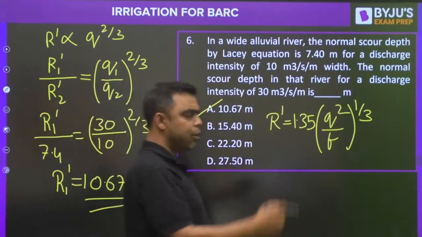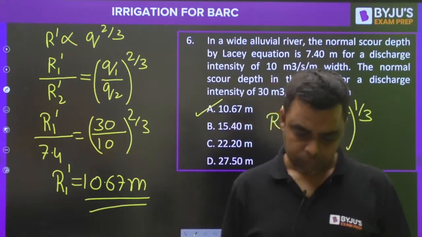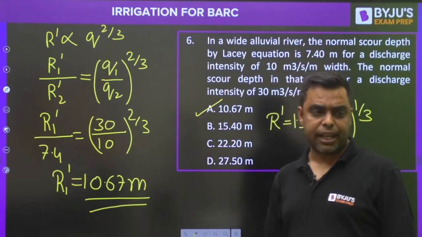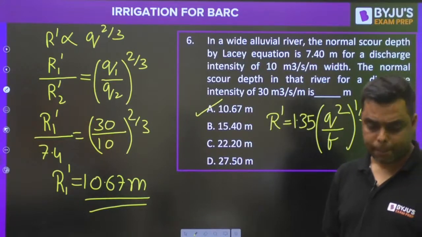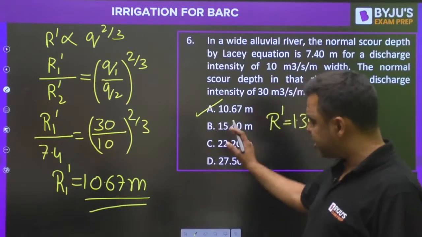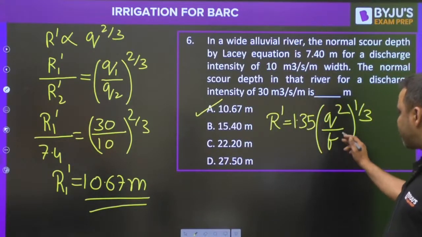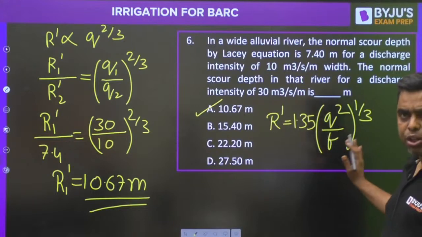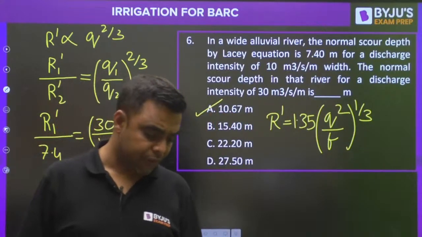So the answer will be option A. Is that clear? This is the best approach. Instead of determining the value of F, the silt factor, we don't require it over here.